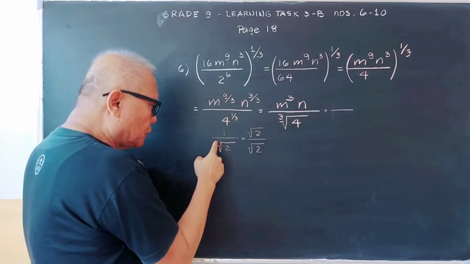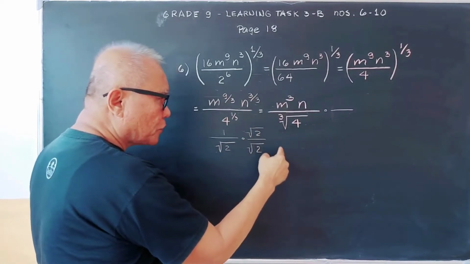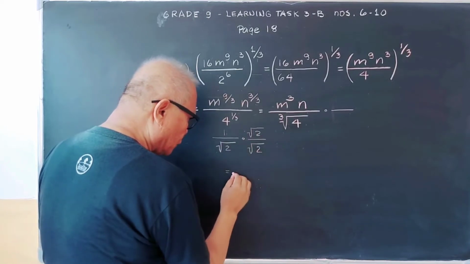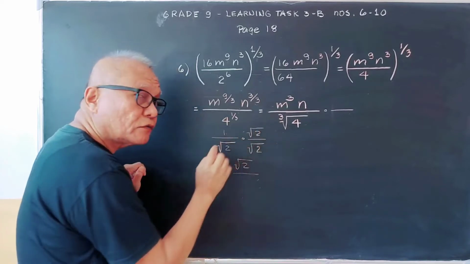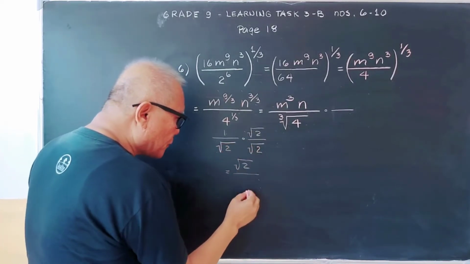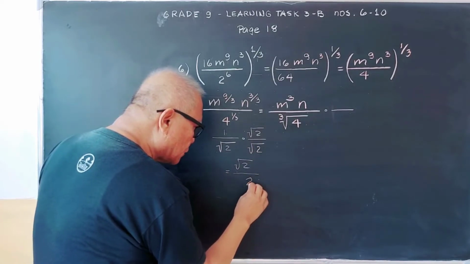Square root of 2 times square root of 2 is square root of 4, and square root of 4, pag tinimes natin ito, of course, itaas ay square root of 2. 1 times square root of 2. Sa ibaba, square root of 2, square root of 2 is square root of 4, which is 2.